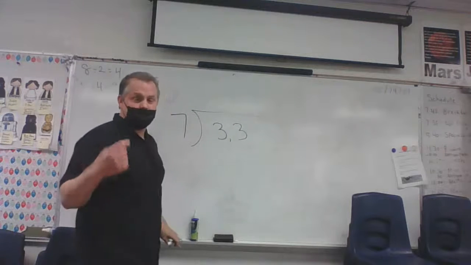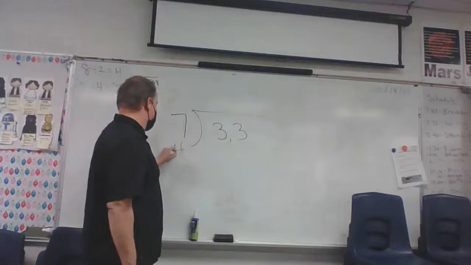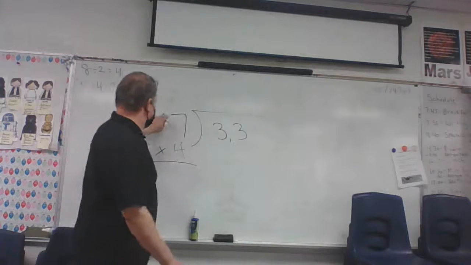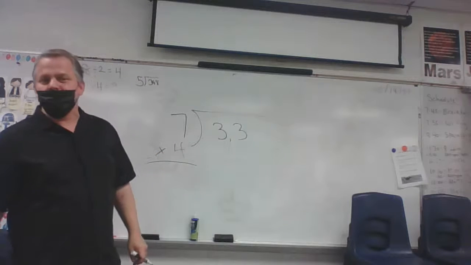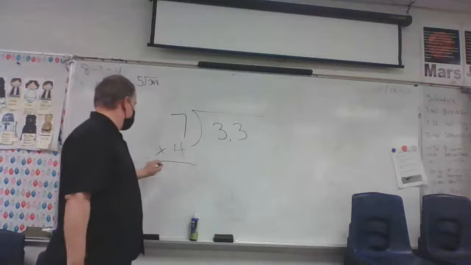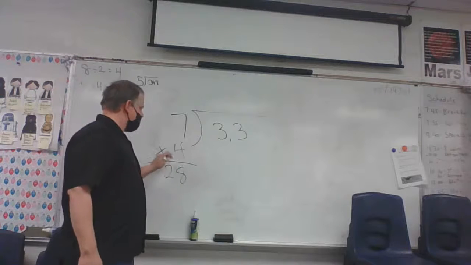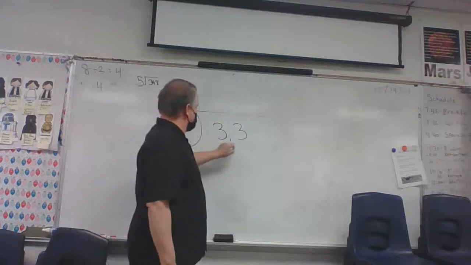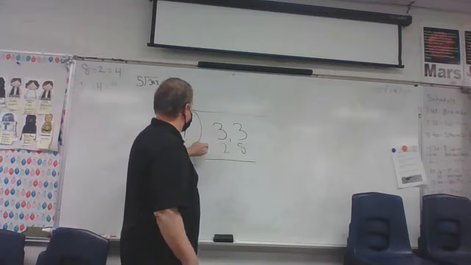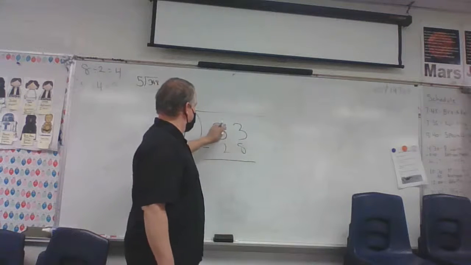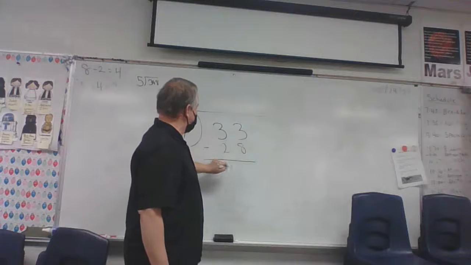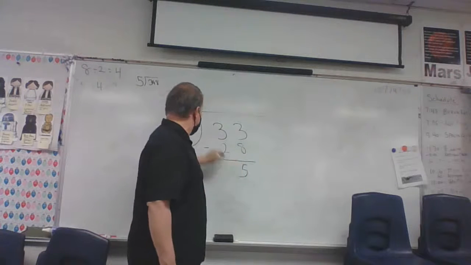Now, since we know that's 35, we're going to try 4. 7 times 4 is 28. 33 minus 28 is a remainder of 5.